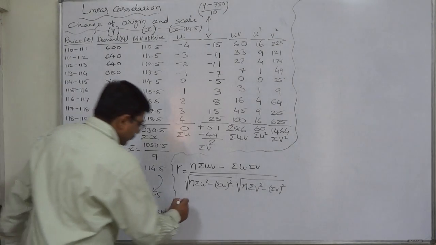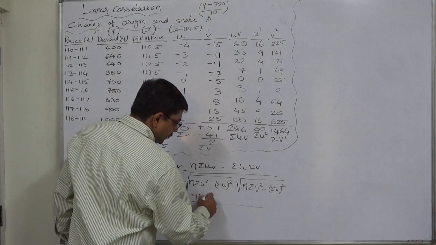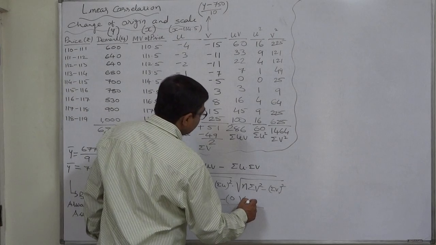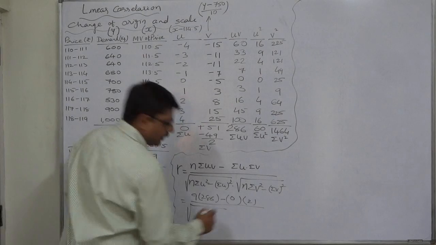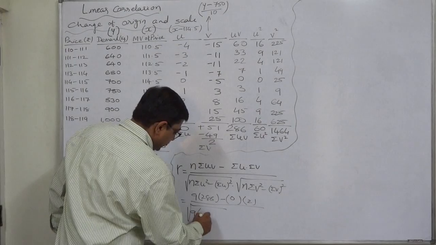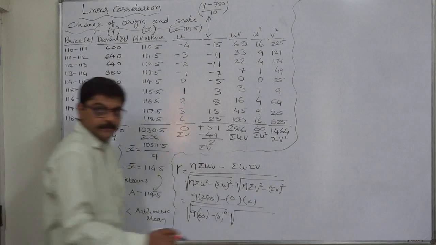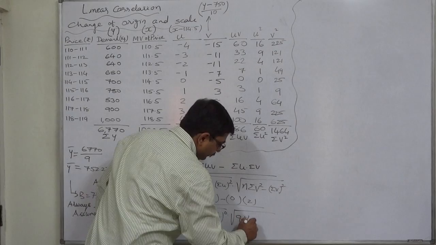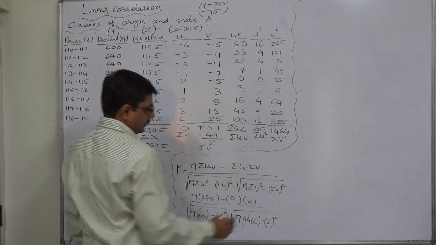Now let us substitute the values. n is 9, sigma uv is 286, minus sigma u is 0, sigma v is 2, upon under root n is 9, sigma u square is 60, minus sigma u, that is 0, square, into under root n is 9, sigma v square is 1464, minus sigma v, that means 2, the whole square.